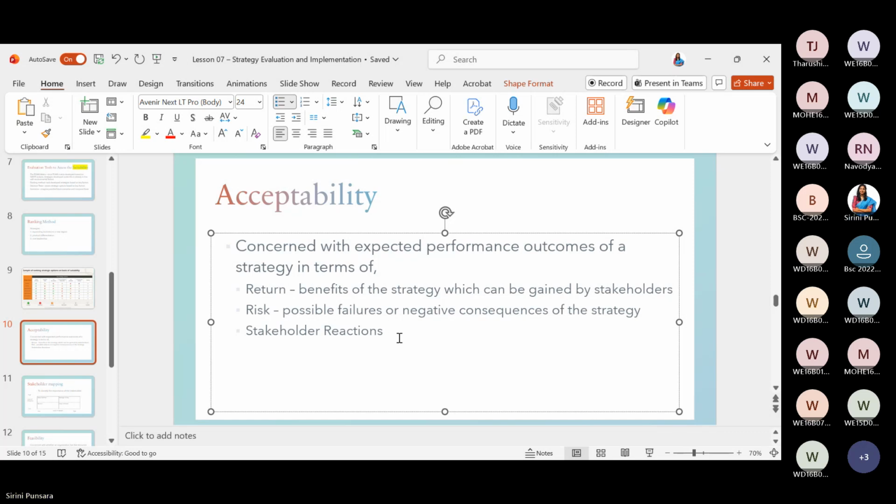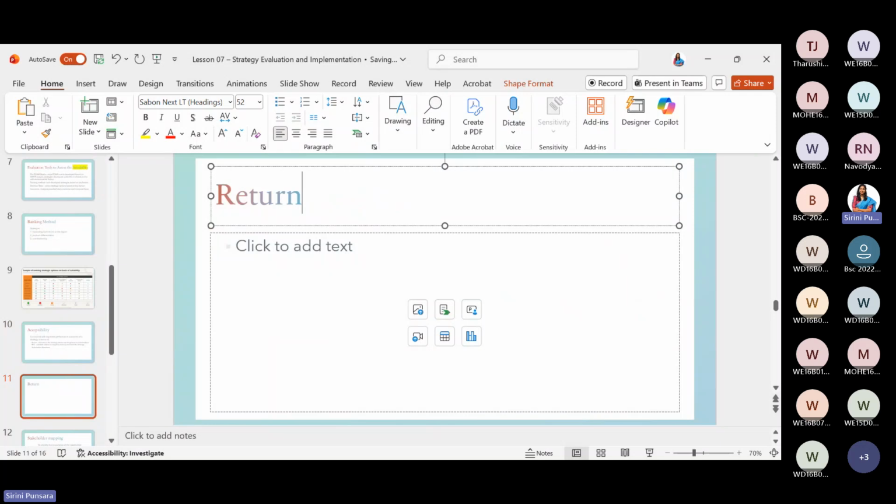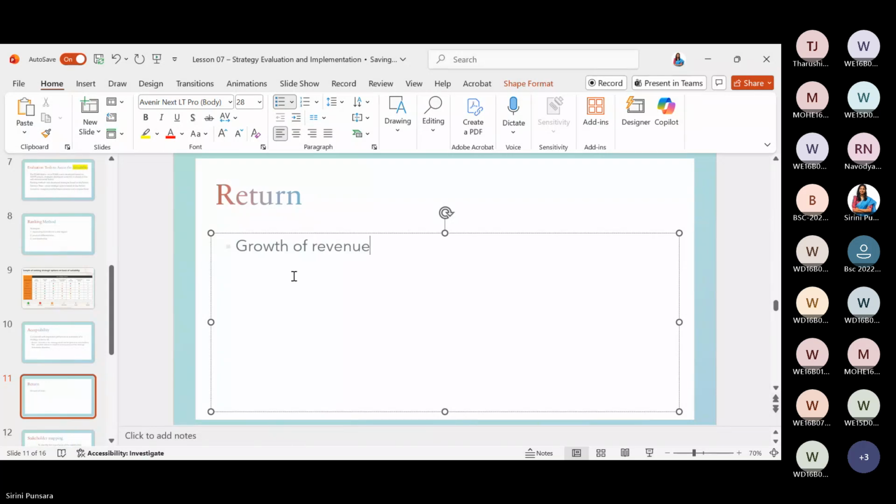So in relation to these, these are the different tools or measurements that we can use to measure acceptability. Right. So some examples for return I will give you here. In there we can measure growth of revenue, maybe profit margins, ROI, dividends.